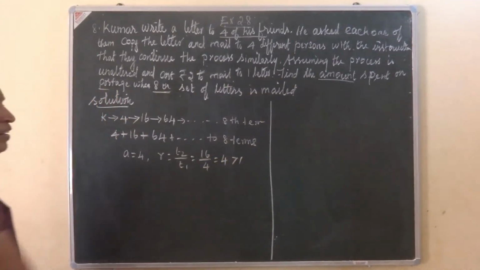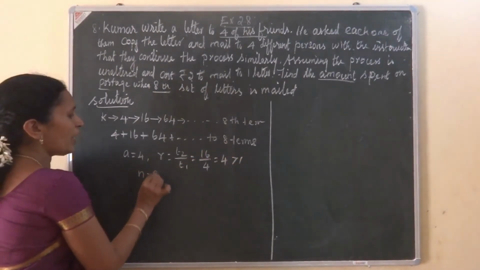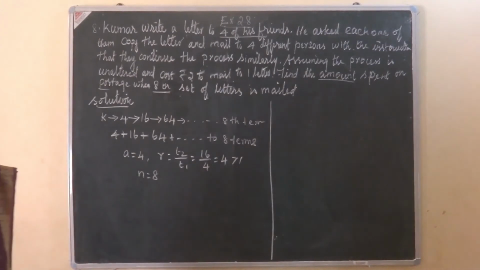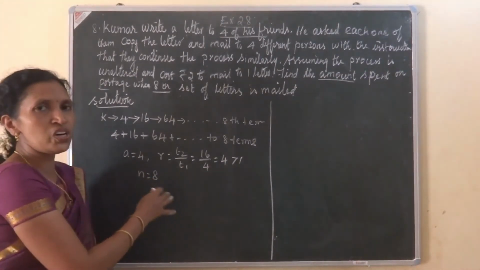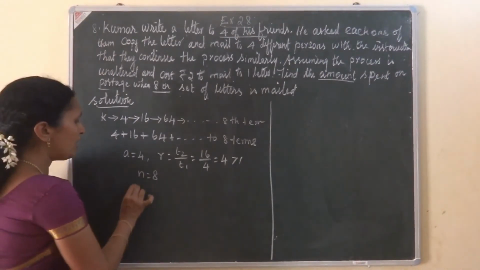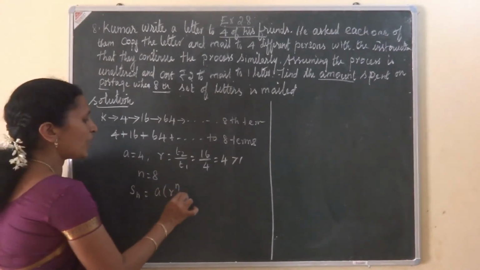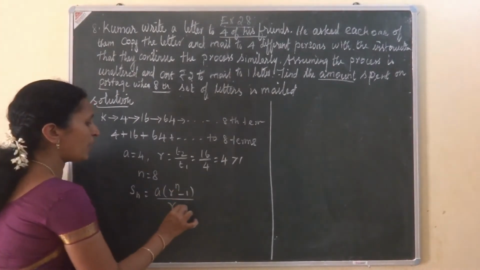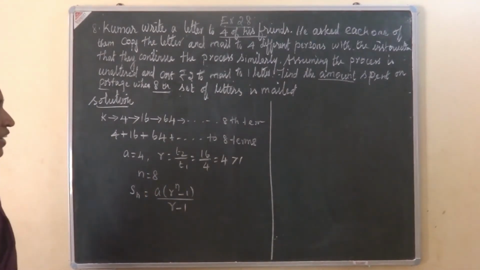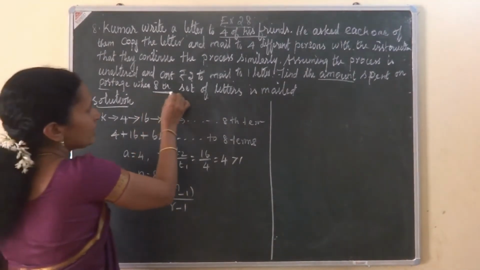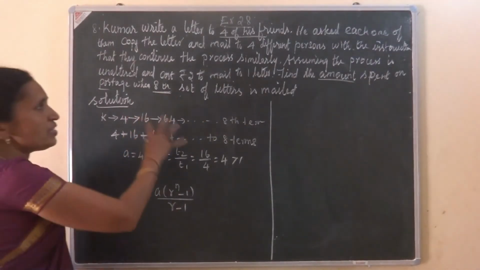Then n equal to 8, the 8th term is given. Using this information, apply the formula Sn equal to a into r power n minus 1 divided by r minus 1, and substitute all these values, you will get the 8 sets of letters.